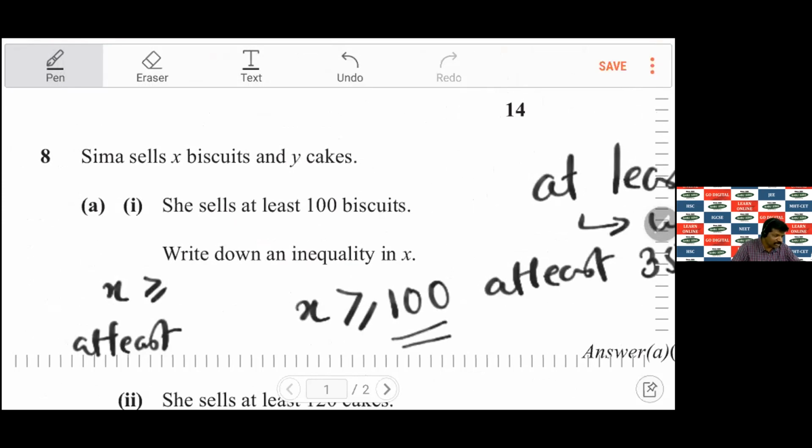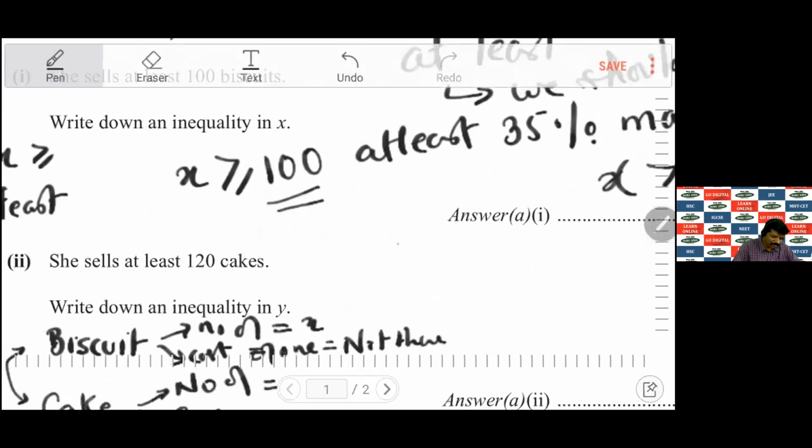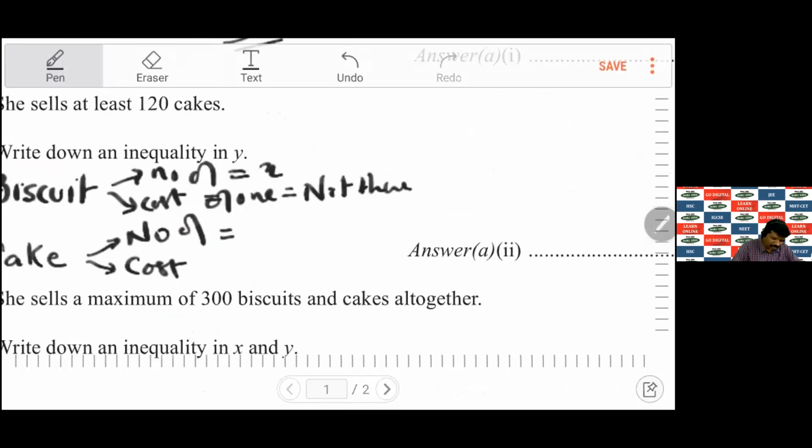Y cakes means 10 cakes, 15 cakes, 20 cakes, 30 cakes. So the number of cakes is Y. And what is the cost of the cake? I don't know. Not there.